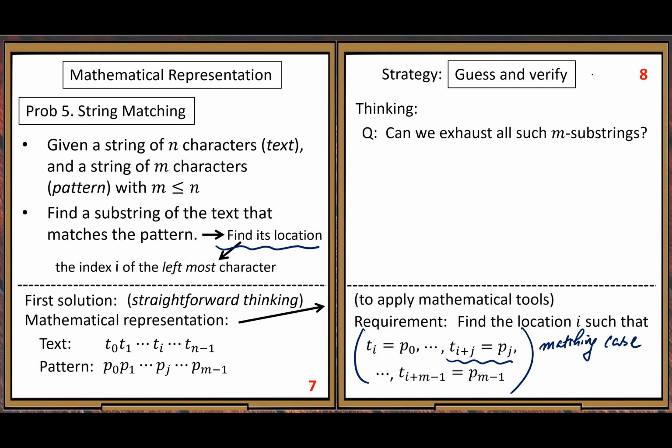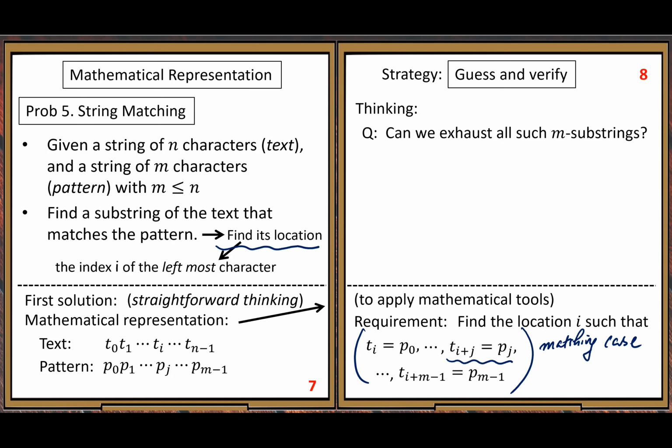Question: can we exhaust all such M substrings? When you do the matching, if we can exhaust all M substrings in the given text, then we can make all possible comparisons.